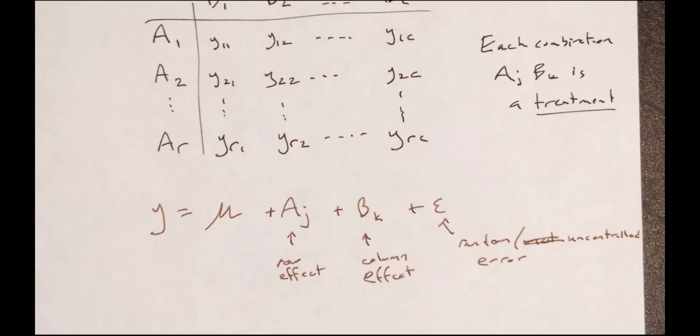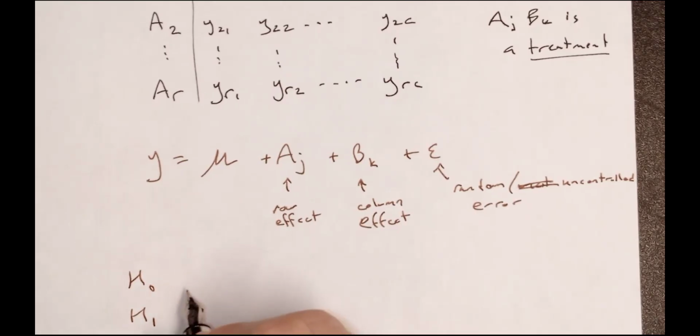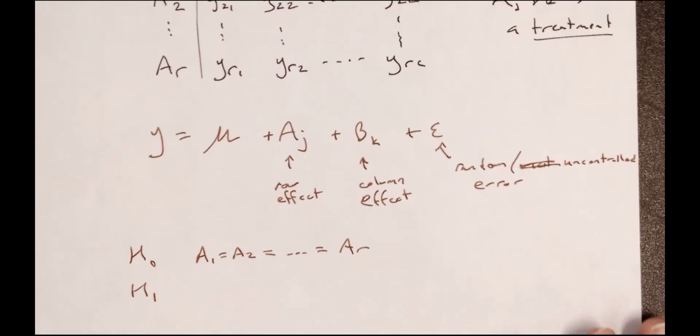I really have a null hypothesis and an alternate hypothesis strictly based on the rows. That all the row effects are equal. If that's my null hypothesis, what's my alternate hypothesis?